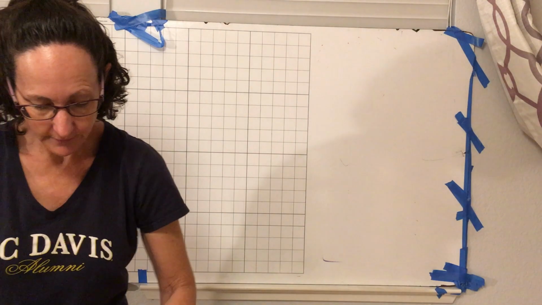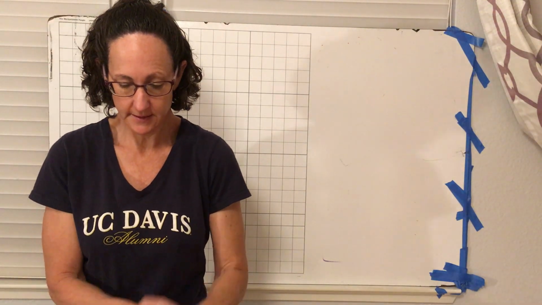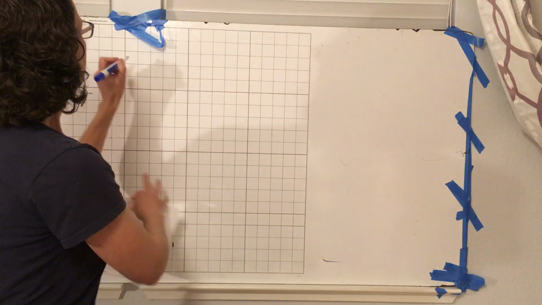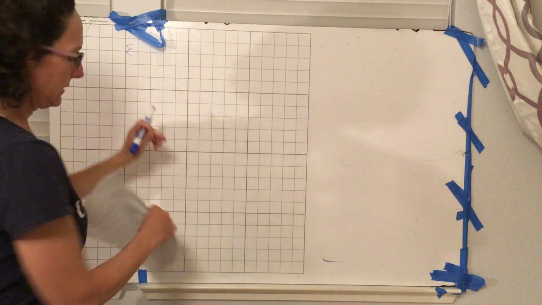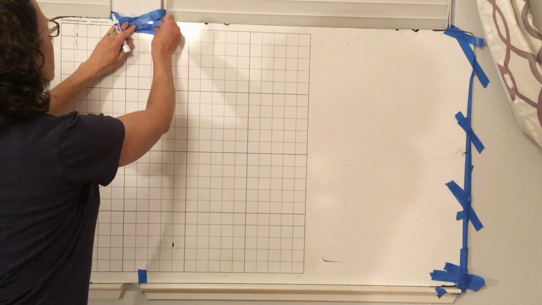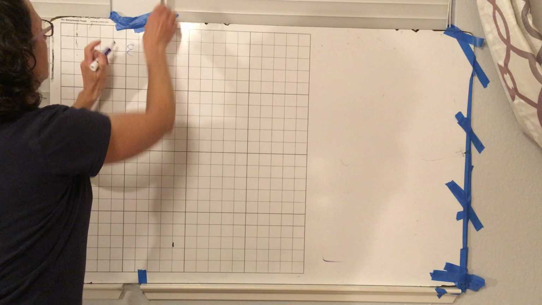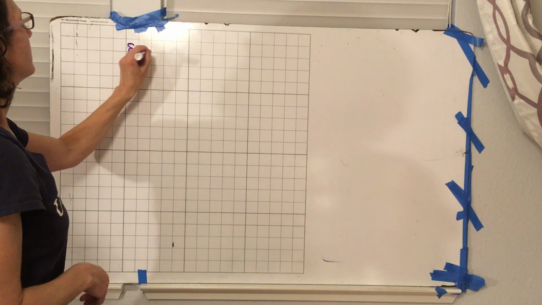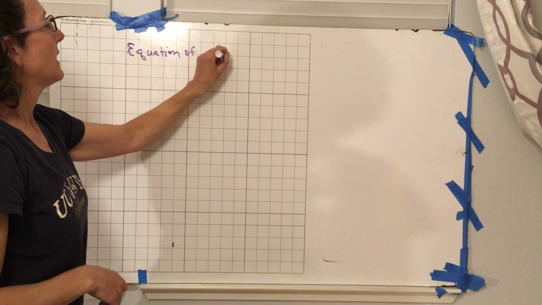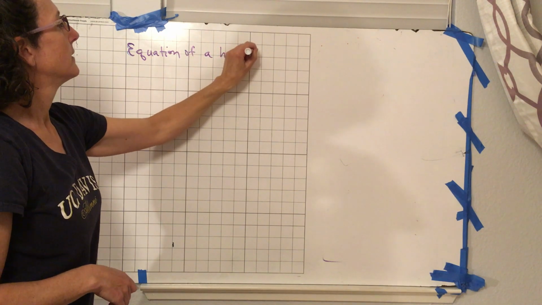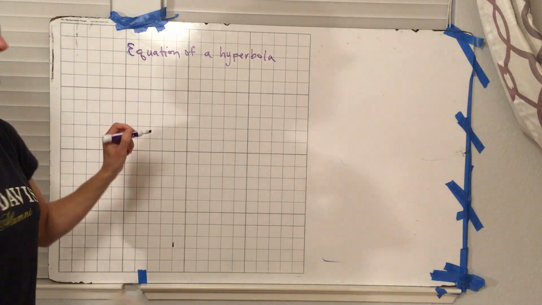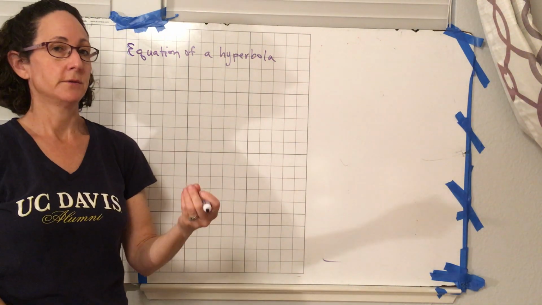Let's do this. First thing I want to write down is the equation of the hyperbola. There are two equations, just like there are two equations for the ellipse.